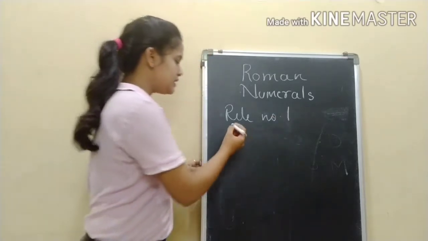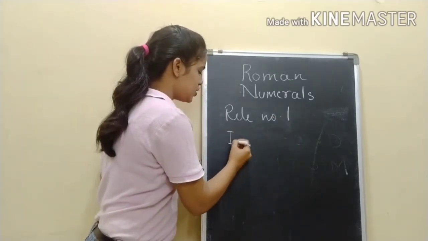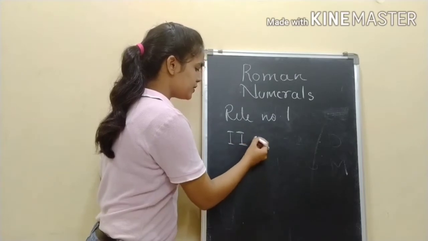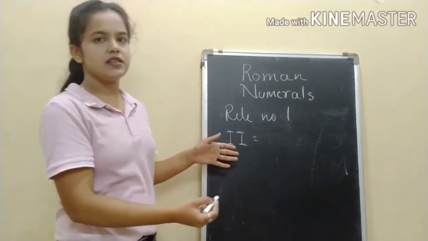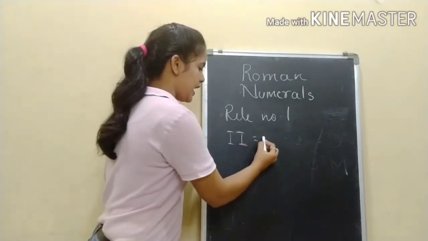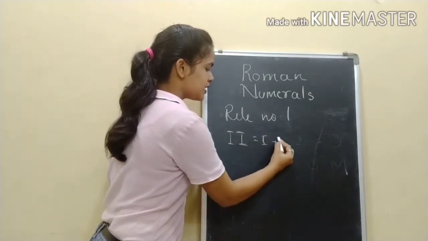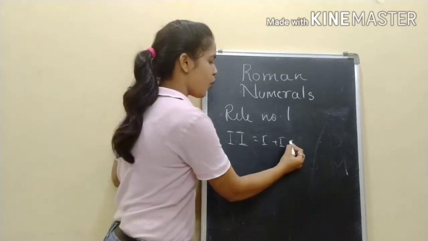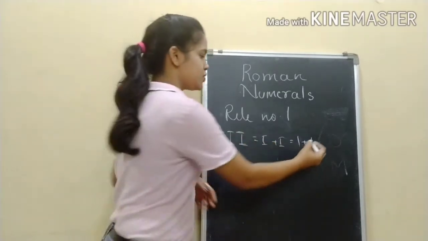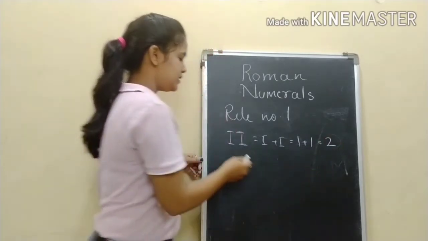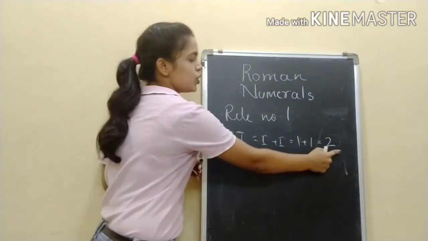Rule number 1 is, if these are 2 Roman numbers, that means I and I. What does this mean? This means I plus I, that is 1 plus 1, because I means 1. So it is 2. This is the value of 2.